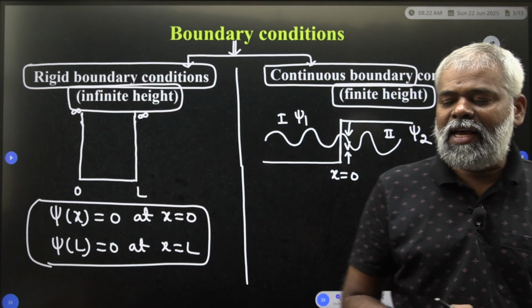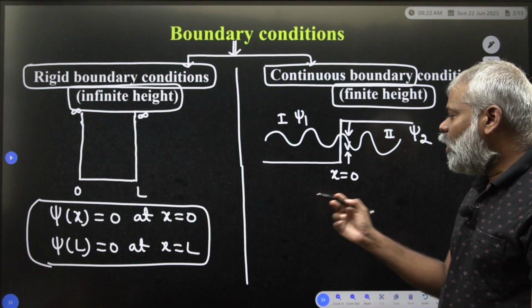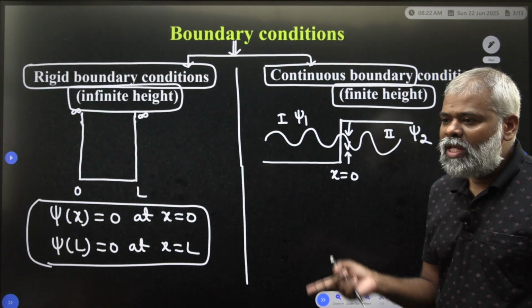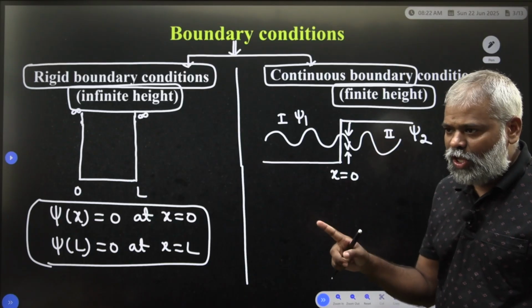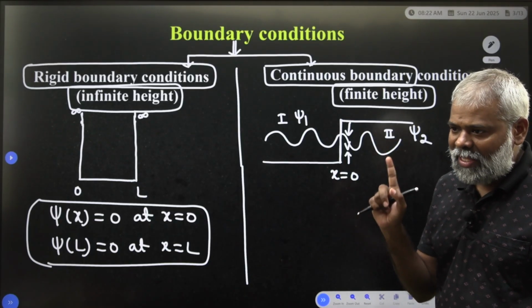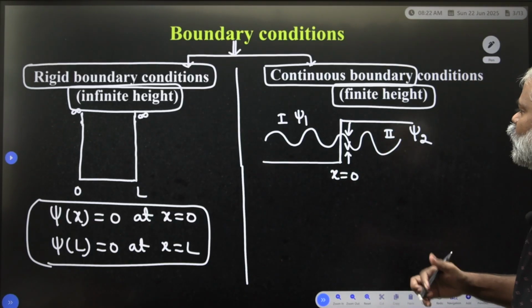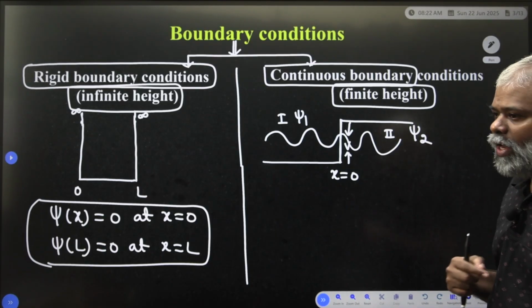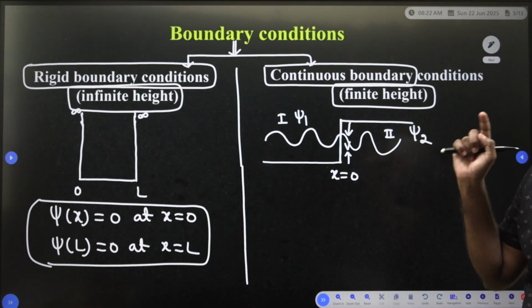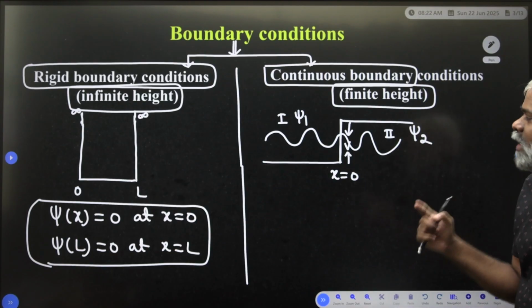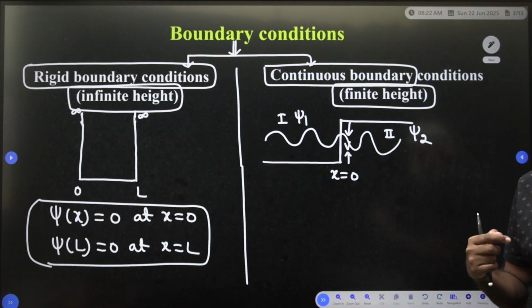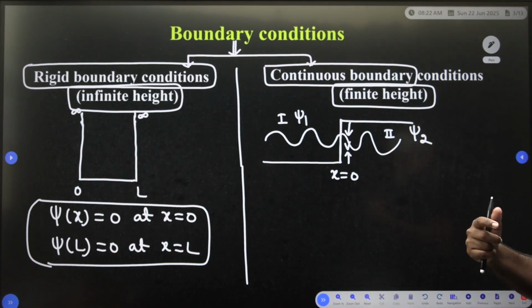Clear? Now you have to take the continuous boundary condition, that is, the finite height boundary condition. What is that boundary condition?